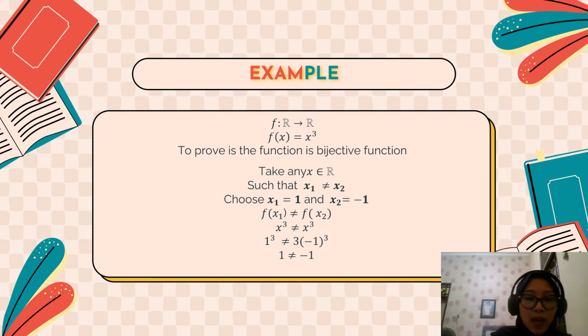Take any x element of real numbers such that x1 not equal to x2. Choose x1 is 1 and x2 is minus 1. So we have 1 and minus 1 for the values. Because x1 not equal to x2 gives different outputs, this proves that the function is injective.